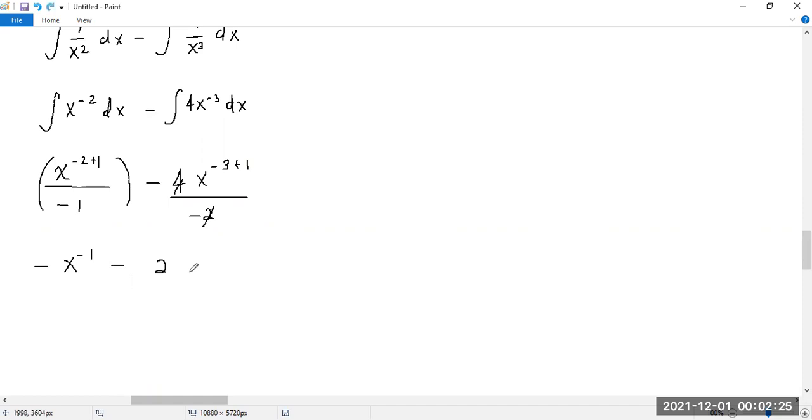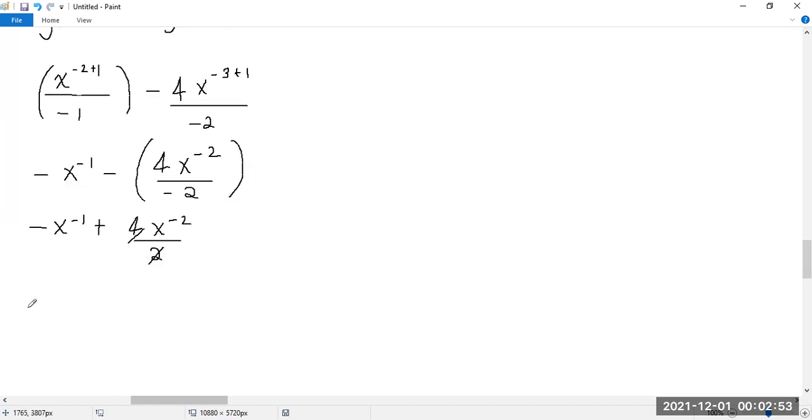Or if that was a little too fast, I apologize. So this would be 4x to the negative 2 over 2, right? So this would be negative x to the negative 1 minus, well, these minuses will be positive, plus 4x to the negative 2 over 2, right?